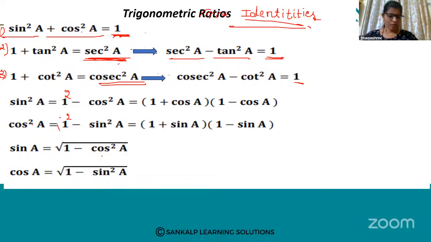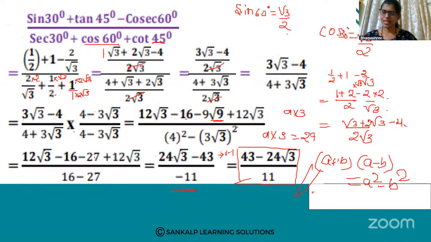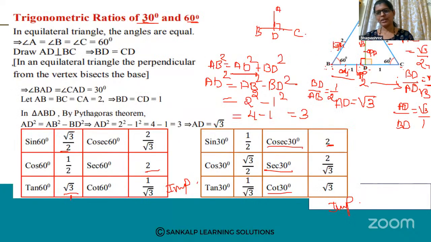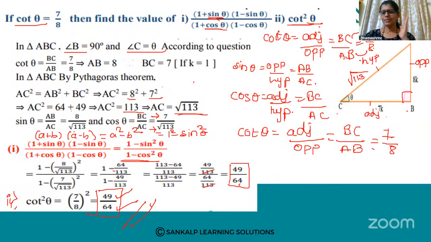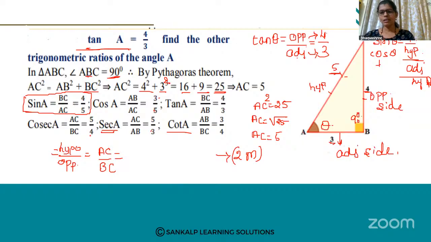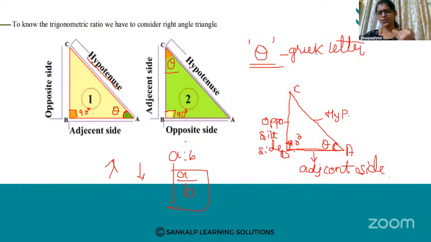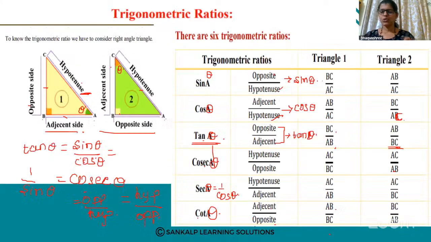Okay, so dear children, today we have discussed trigonometry. What do you mean by trigonometry? It is the branch of mathematics which is used to measure the three sides of the right angle triangle, right? Here we are considering right angle, but it is used to measure the three sides of a triangle.